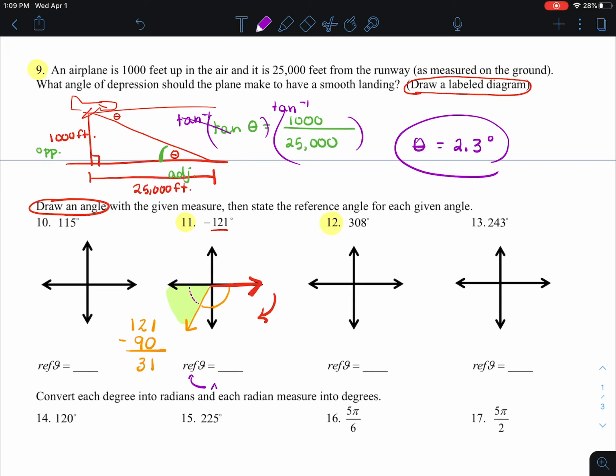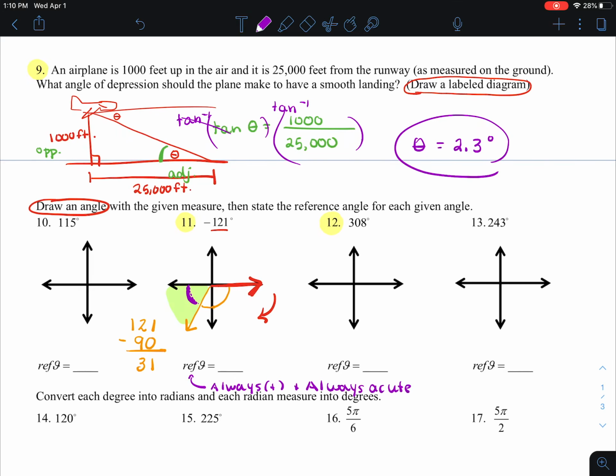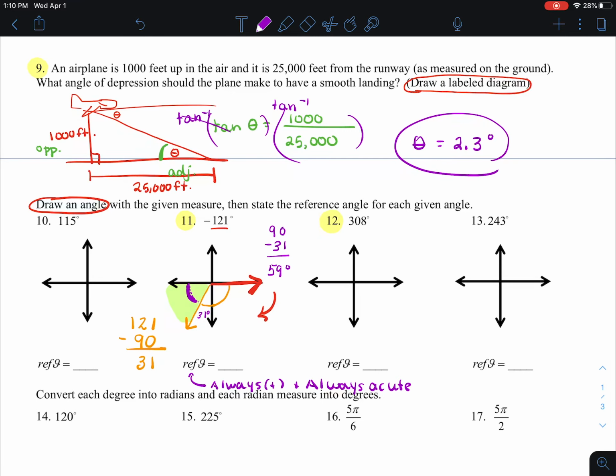And again, these reference angles, they are always positive and they are always acute. That means they're always less than 90 degrees. So I need to figure out what is this gap right in here, okay? So that gap right in there, well, if this was 31 degrees and I know there's 90 degrees in this entire quadrant, then that gap would be 59 degrees, and that's what the reference angle is.